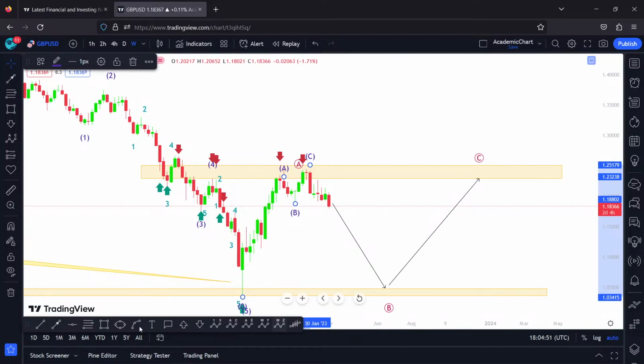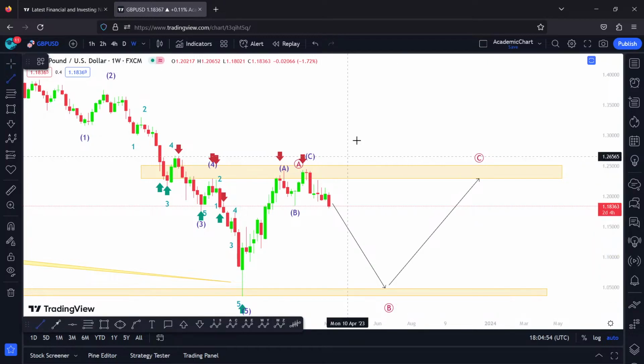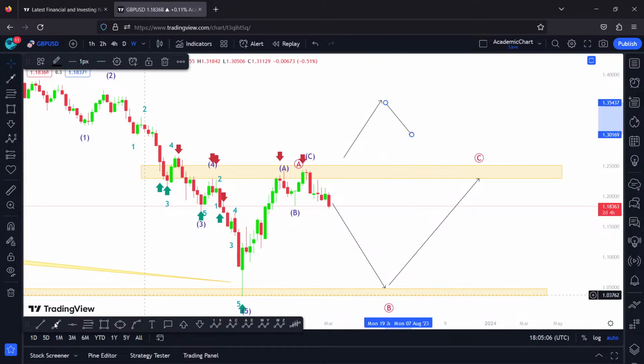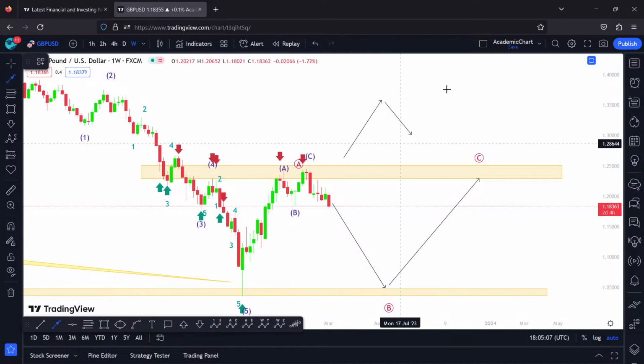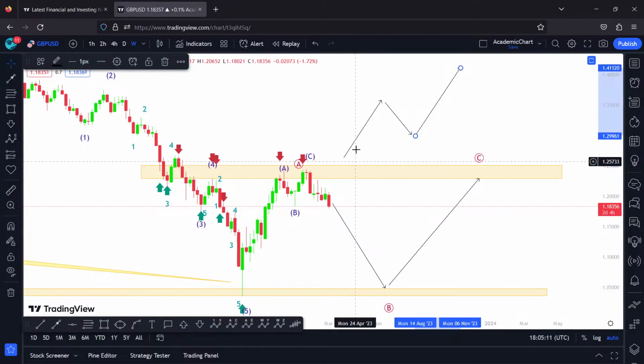A zigzag is going to be something like this. Let me clarify for you that it is going to be A, B, and C. This is zigzag as the corrective structure. It is also ABC, but this is 5-3-5. So this is 1-2-3-4-5, 1-2-3, or ABC, and 1-2-3-4-5.